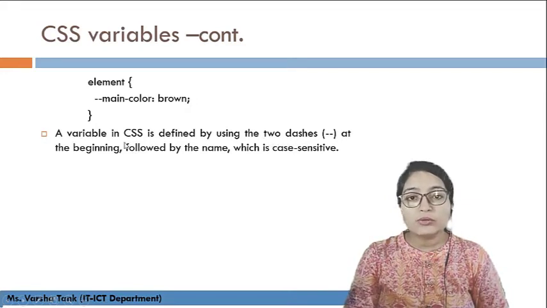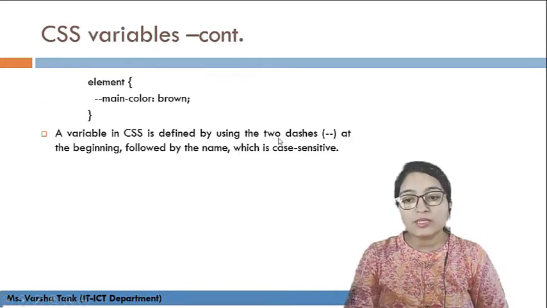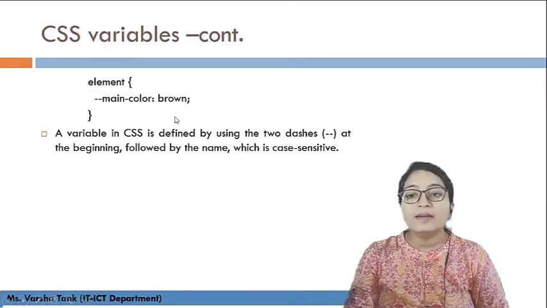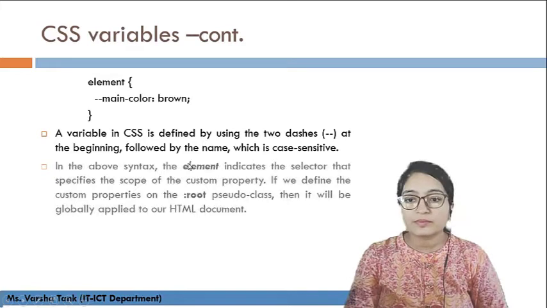Whenever you are going to define the variable, you have to put the two dashes at the beginning, followed by the name, which is case sensitive. So after the double dash you have to define the name, and this name is case sensitive. So capital MAIN color is different and small main color is a different variable name.